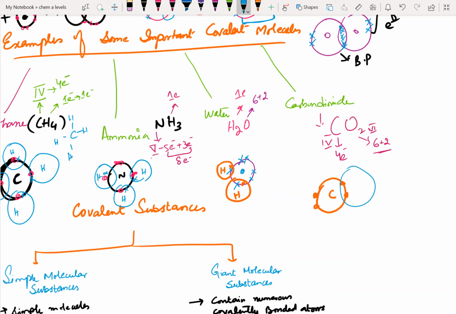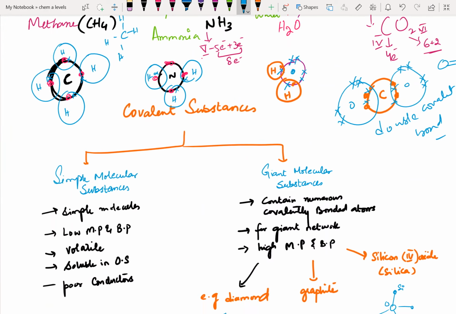So this is oxygen 1, 2, 3, 4, 5, 6, and oxygen 1, 2, 3, 4, 5th and 6th, and it is an example of a double covalent bond. It is represented as 2 lines on both sides, CO2.